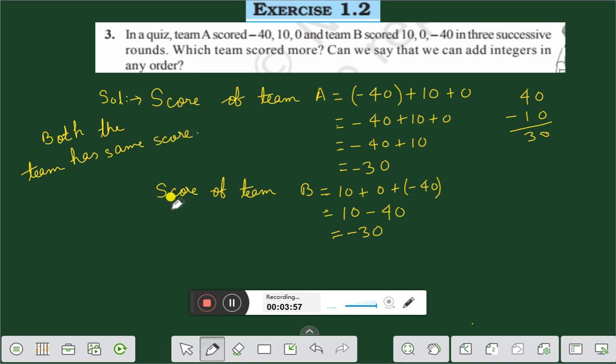Now the next question is, can you say that we can add integers in any order? Yes, we can say that. The answer is yes.